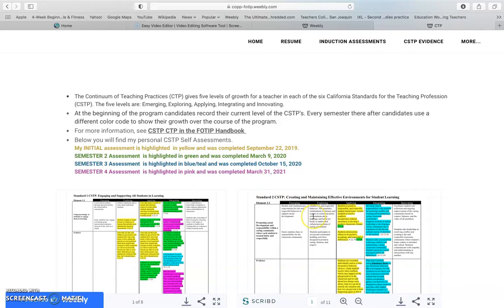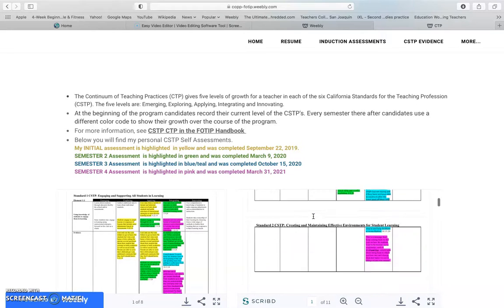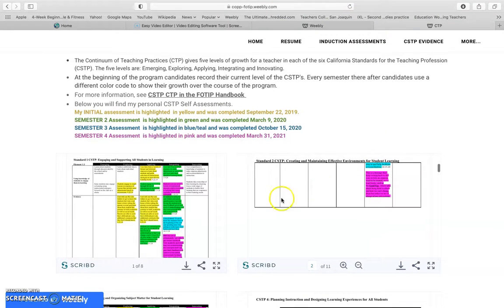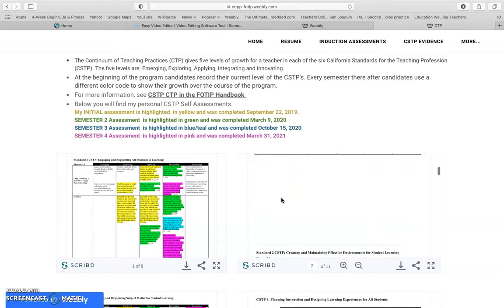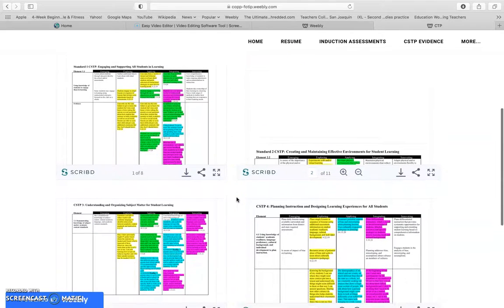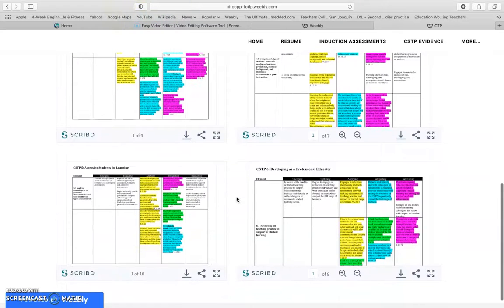Again, we did our second semester, March of 2020. Our third, which was fall of 2020. And lastly, semester 4 in March of 2021. Here I can document my growth and reflection on the different CSTPs and how I've moved through them.